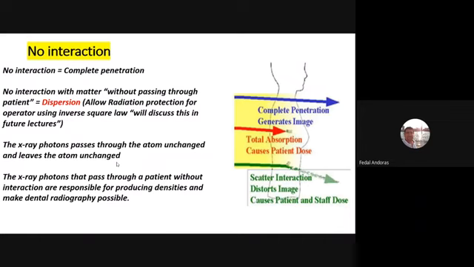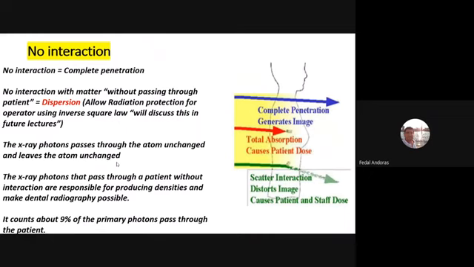So if there is no penetration, if all X-rays interact with the matter, doing absorption, they will not reach the film. Doing scattering, they will go in any other direction except going to the film. So at the end, we will not get a radiograph. So this no interaction or complete penetration is very important to build a radiograph.